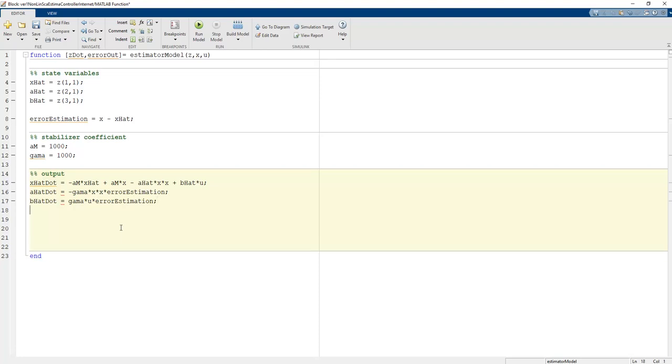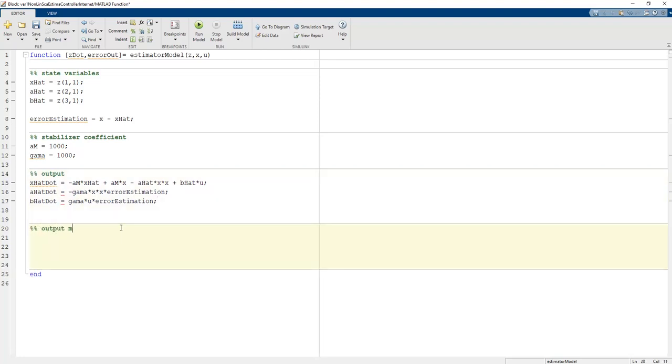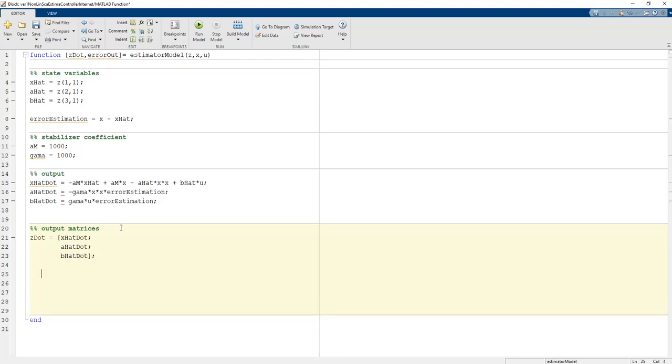Okay. And also we can give the output matrix in here, like this one. Z dot is equal to what? The X hat dot, A hat dot, and B hat dot. Okay. And also the error output value is equal to what?